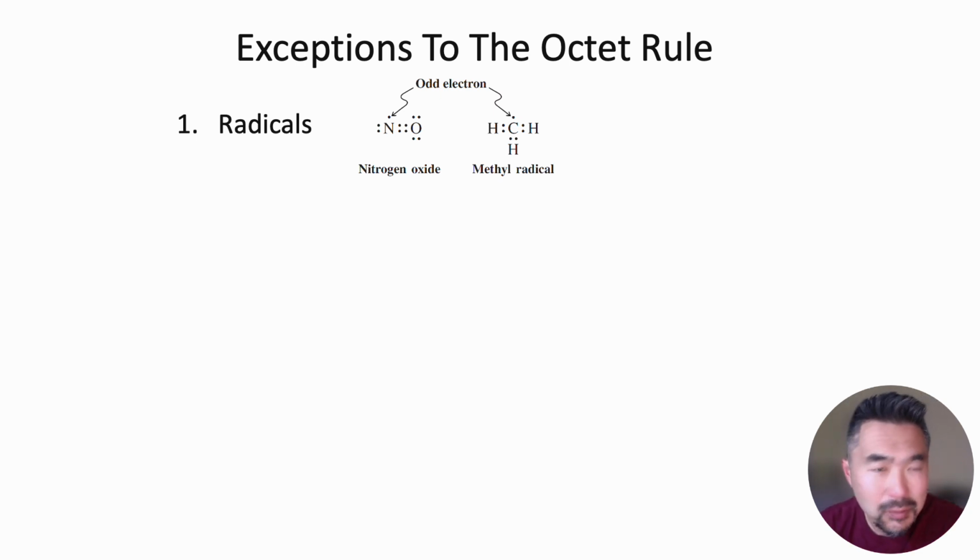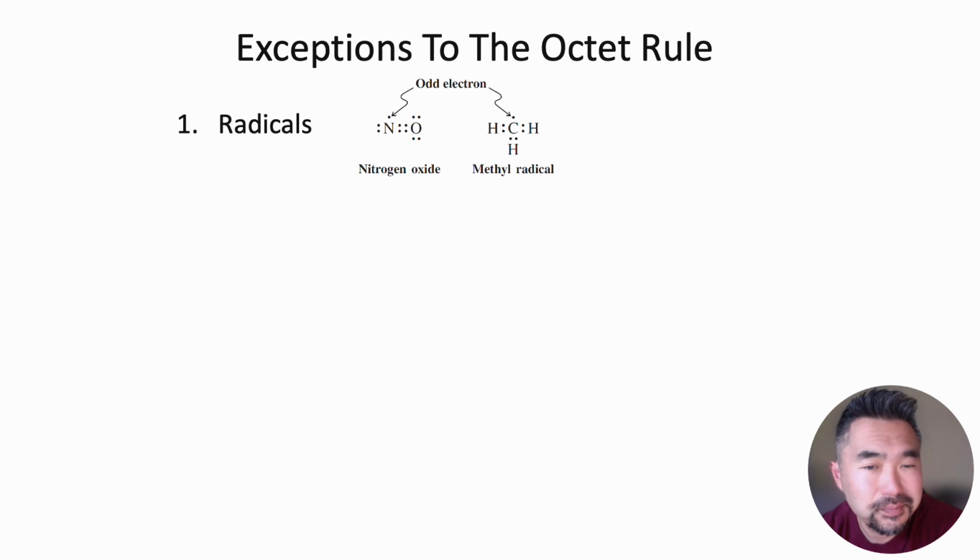And where we left off, we were talking about drawing resonance forms, and we just talked about 4 different rules that help you determine which resonance form is the most important one, or the major contributor to the overall structure of that molecule.